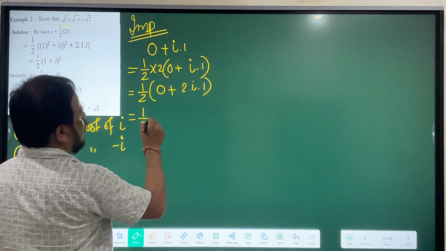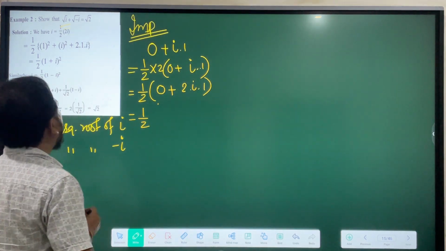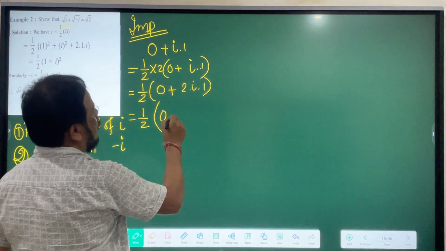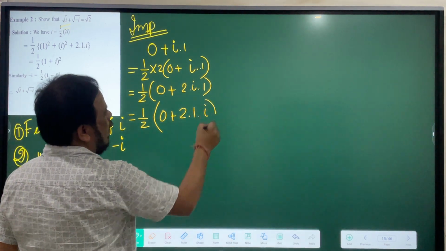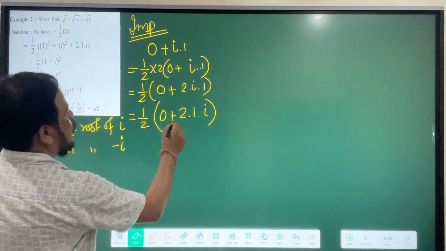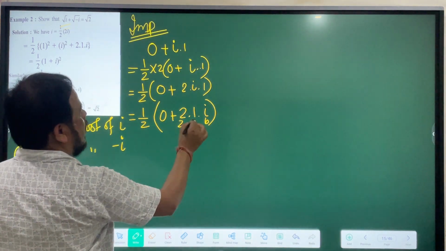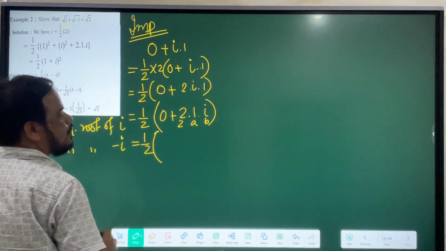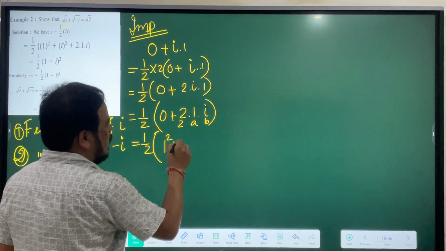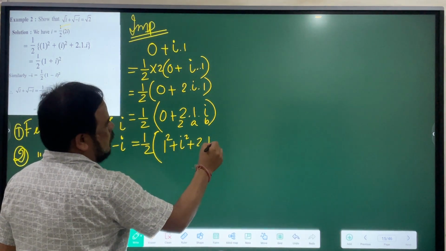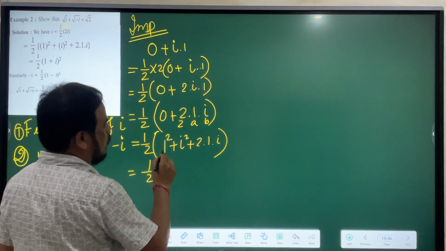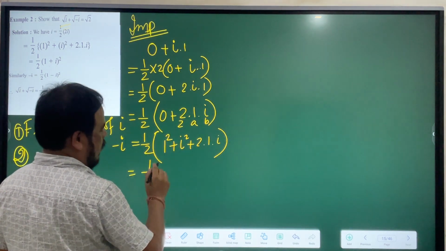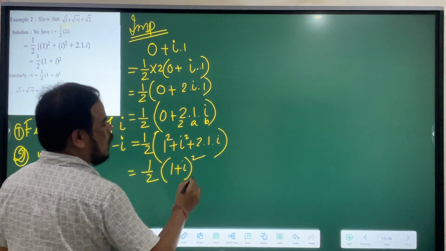Now 1 by 2 times 0 plus 2 dot 1 dot i, that is 2ab. The 2ab calculation is the same. 1 by 2 times a square plus b square plus 2ab as it is. Now 1 square is 1, i square is minus 1. 1 minus 1 is 0, so our calculation is correct. So we have 1 plus i whole square.